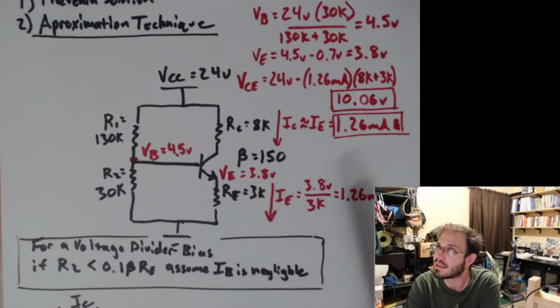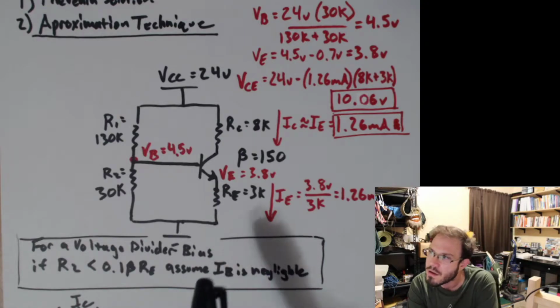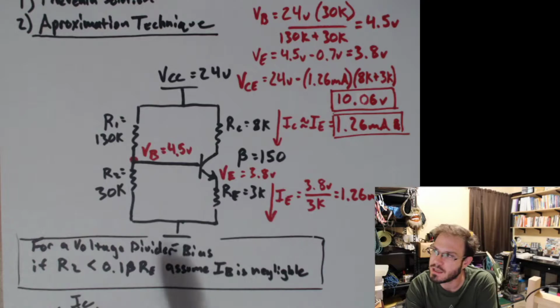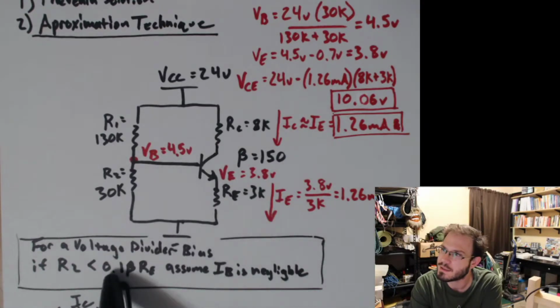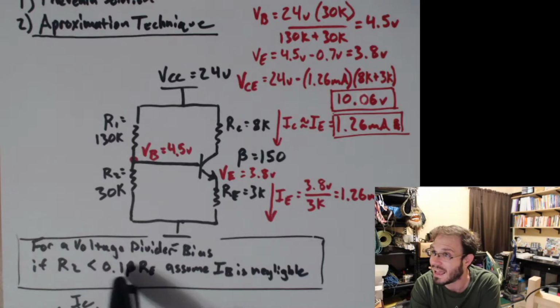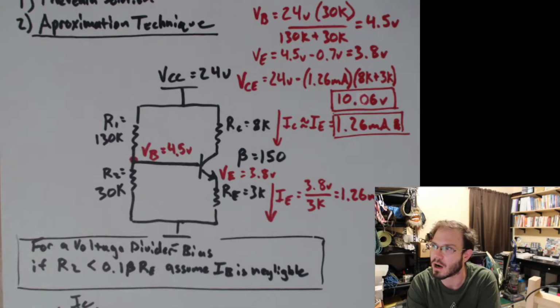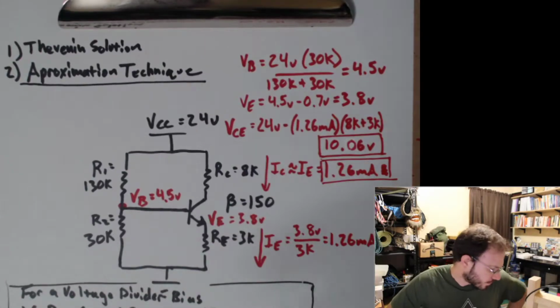As I said, the approximation technique does work quite well, and we'll get fairly close to that Thevenin solution, or a more proper solution, especially when R2 has been selected such that it is much less than 0.1 times beta times RE. Okay, so easy to do.